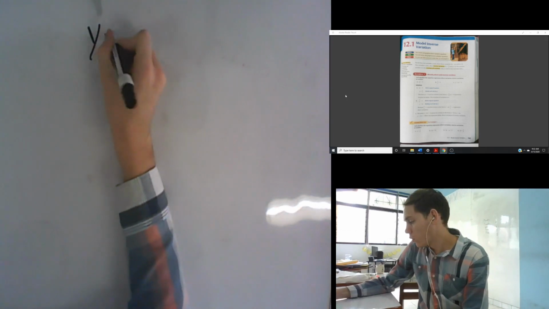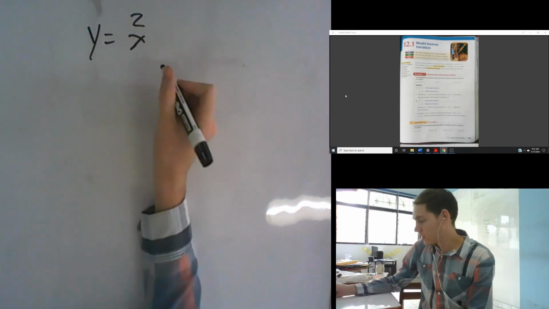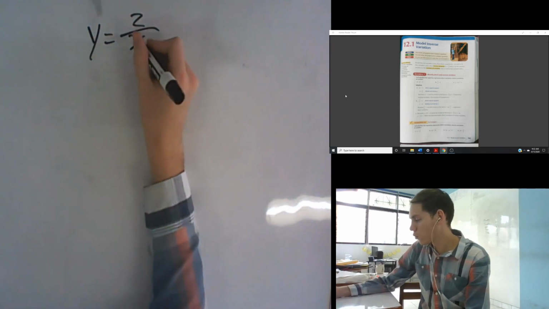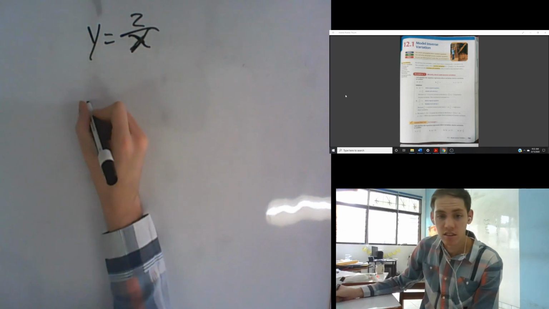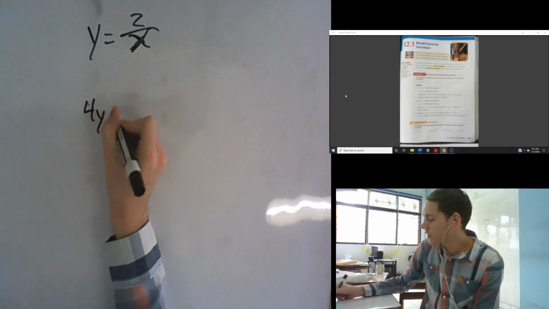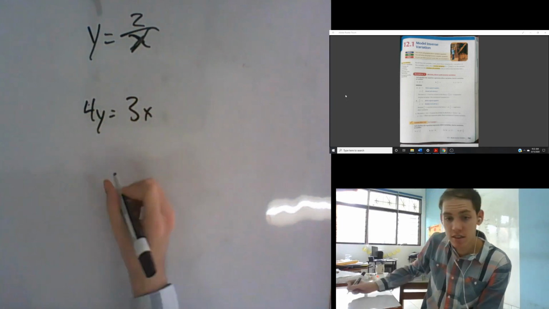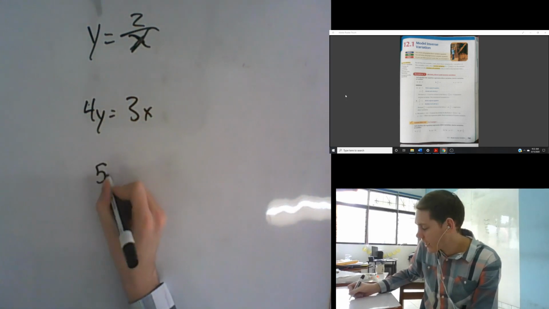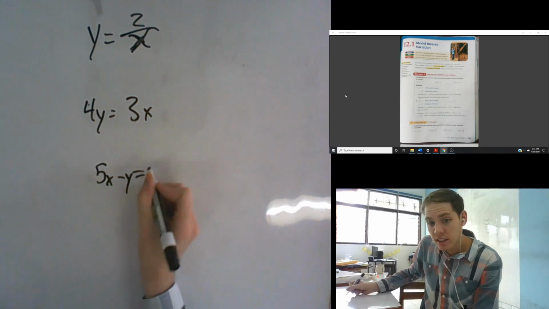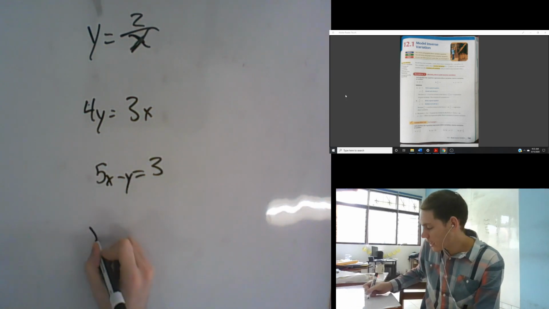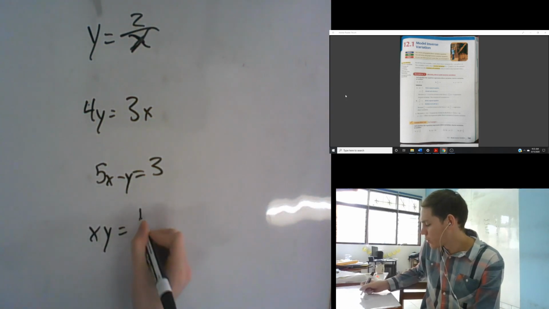Now let's look. Number 1: y equals 2 over x. Number 2: 4y equals 3x. Number 3: 5x minus y equals 3. And number 4: xy equals 1/2.